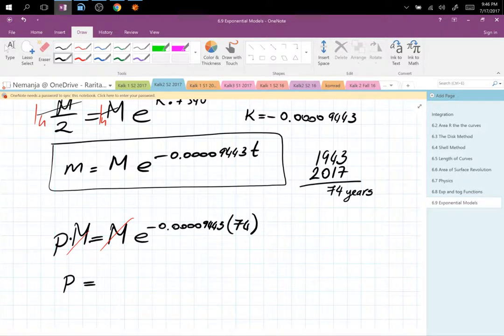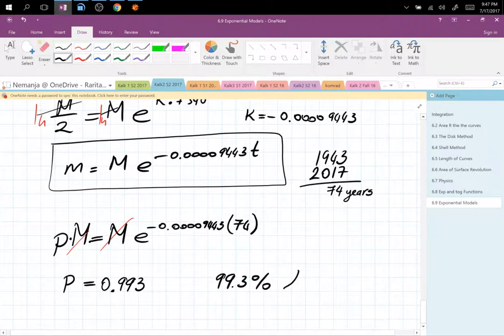So I have e raised to the, open parenthesis, answer times 74, and I get 0.993. Sorry, not percent. 99.3% left.